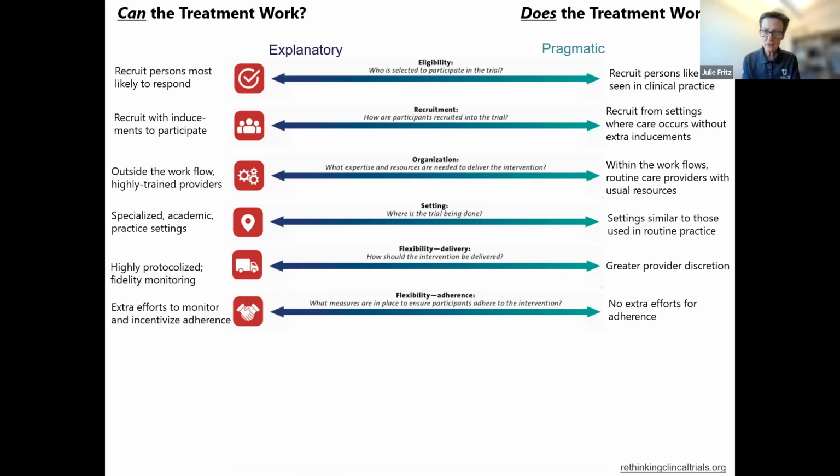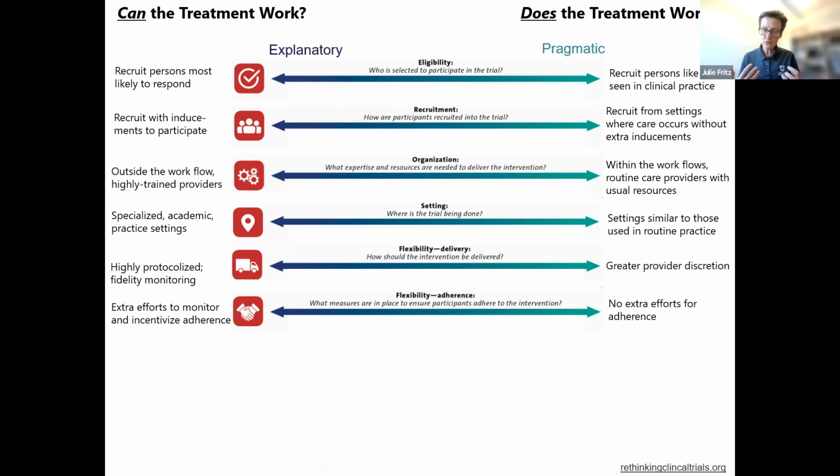So one is flexibility that relates to the delivery of the intervention and how much provider discretion is permitted versus being highly protocolized, highly monitored, and highly standardized, which is more explanatory.